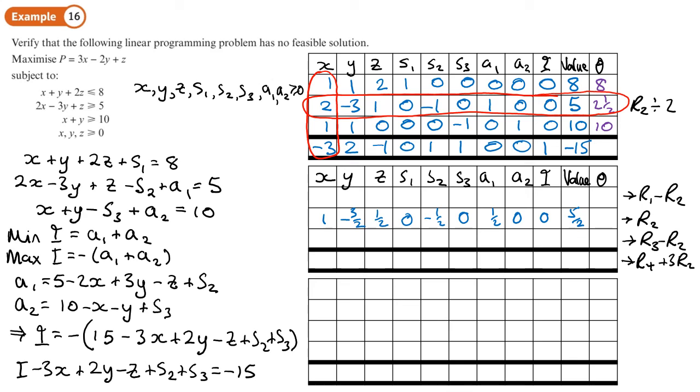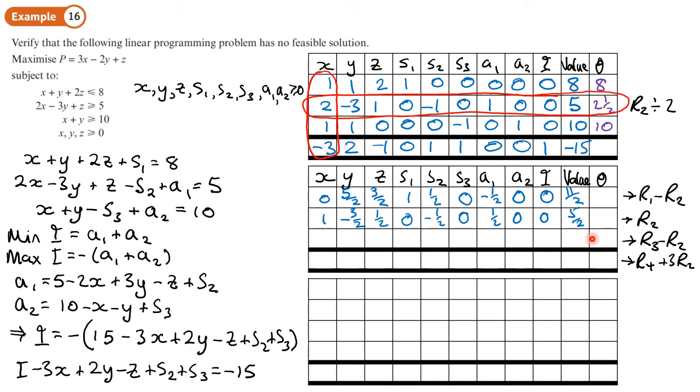Now when we do those row operations, we will get 0, 5 over 2, 3 over 2, 1, a half, 0, negative a half, 0, 0, and a value of 11 over 2.